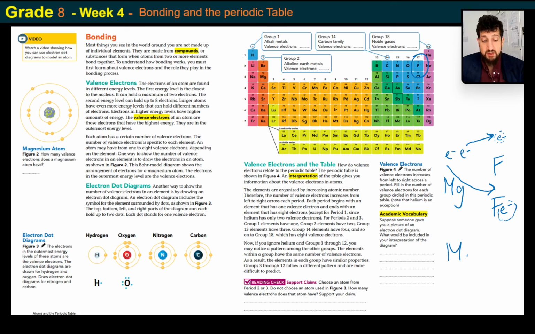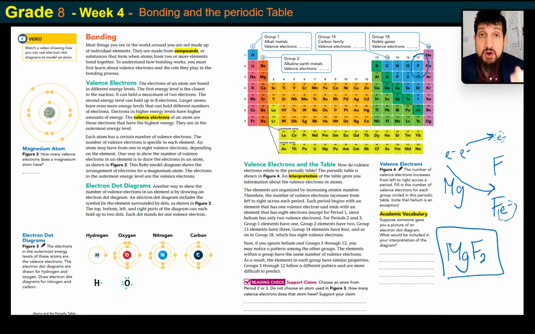Magnesium will get rid of its 2 electrons, and fluorine will take 1 each, but we'll have 2 fluorines, and then we'll have a very happy, stable compound called magnesium fluoride, which in chemistry we call a salt. That's exactly how it happens. This is called an ionic compound. One of them gives, the other one takes.